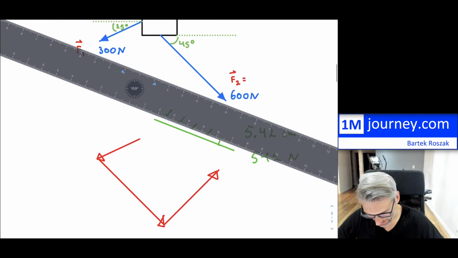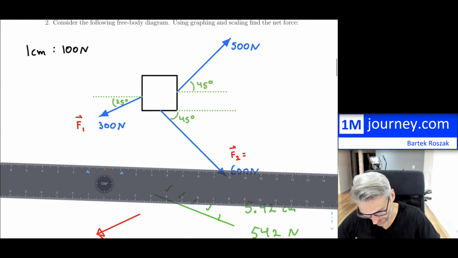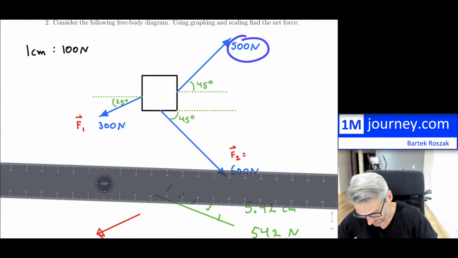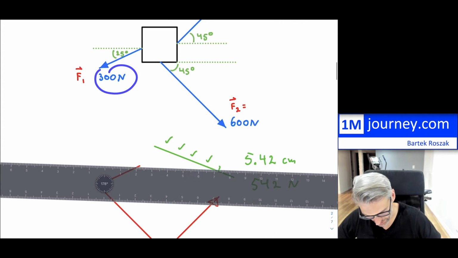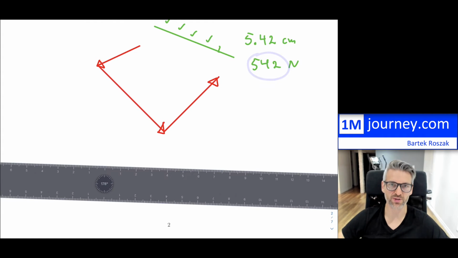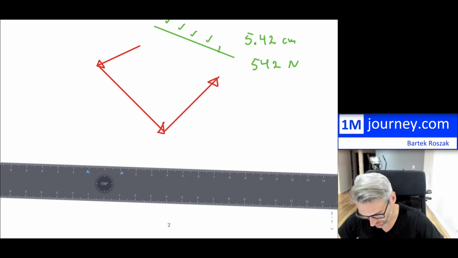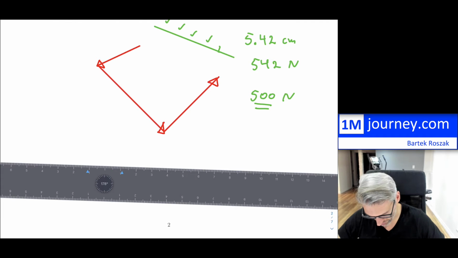Now, technically, notice that all of these have only one significant figure. So really, if I rounded this, it's going to be 500 newtons, right? But I'm actually not going to round it. I'll try to keep this at 542. If you wanted to round to only 1, then this is what it would have been.